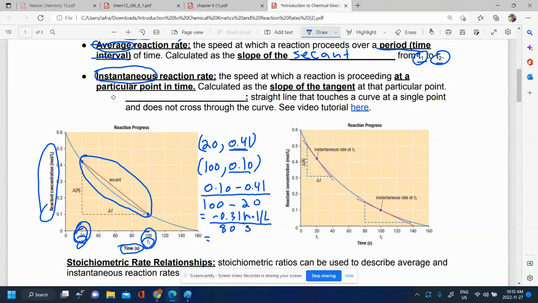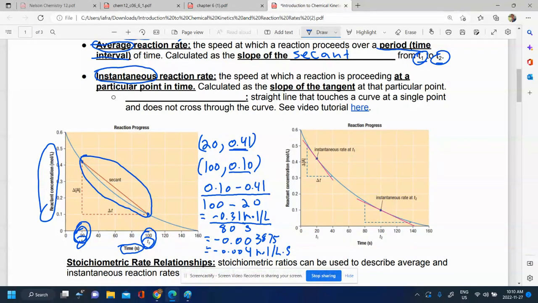And so you're going to see where our units come from here. So we're going to do 0.31 divided by 80, and we'll get about negative 0.00. And I'm going to keep it to 1 sig fig. So I get 3875 there, which is approximately negative 0.004 moles per liter second.